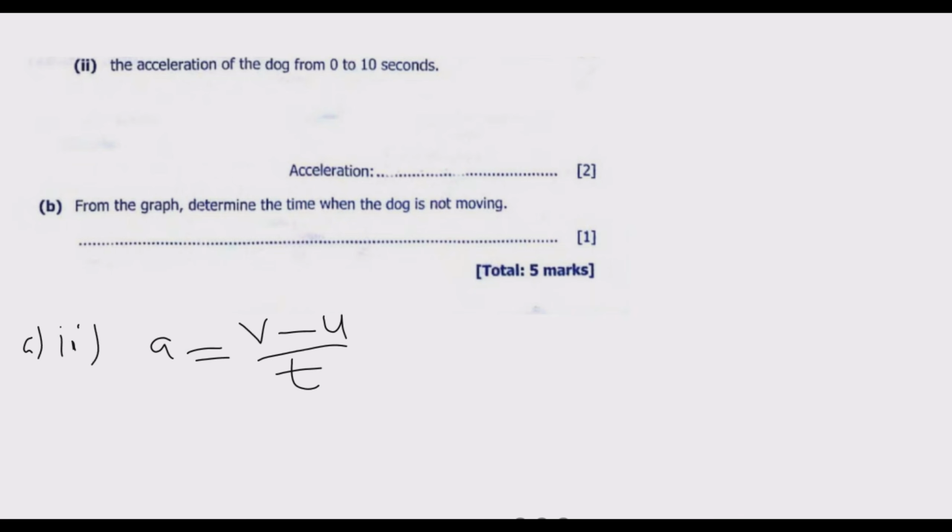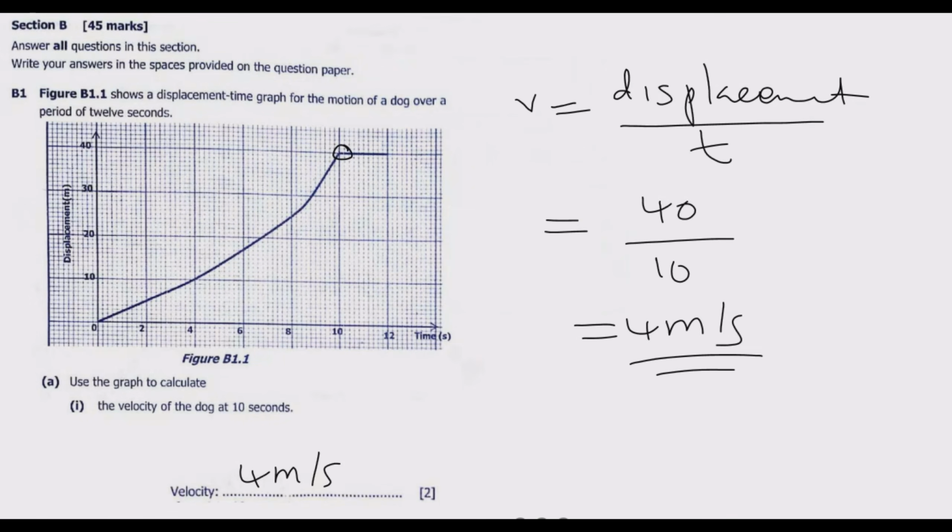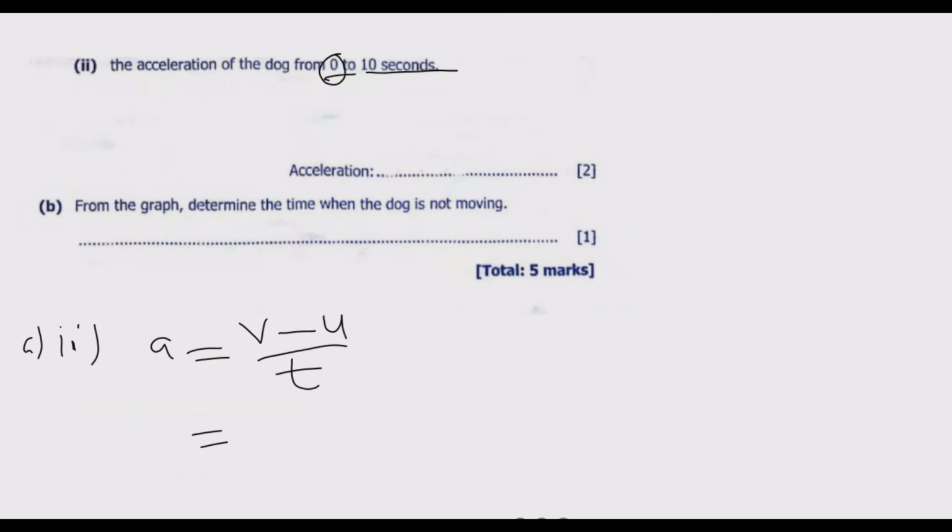Since we're starting from 0, the initial velocity is 0. Then at 10 seconds we just found the velocity to be 4 meters per second. So we are going to substitute: 4 meters per second minus 0, then divide by time.